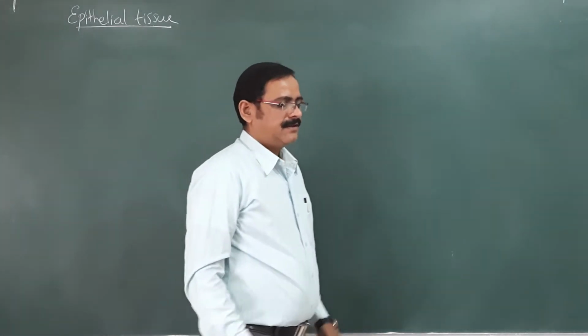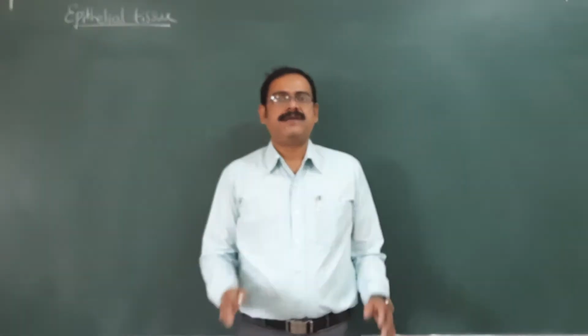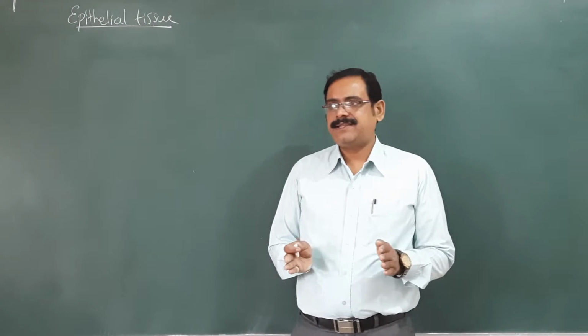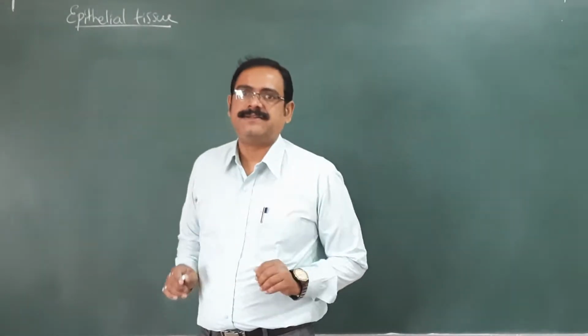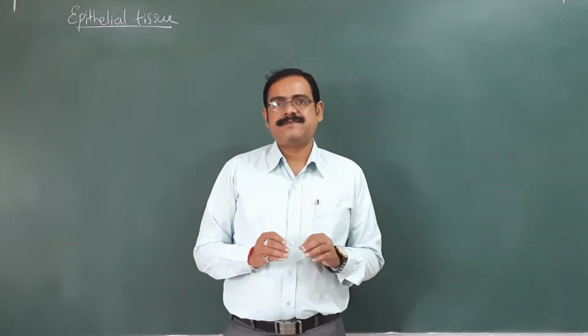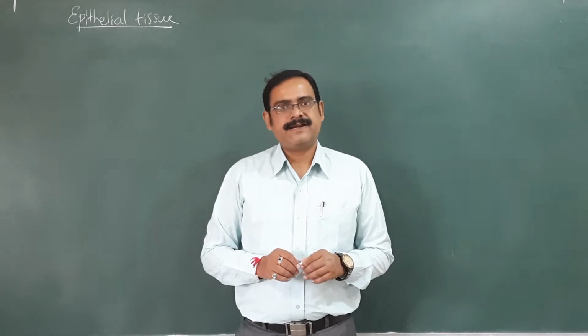Glands are basically of two types, based on how they release their secretion. The glands which release their secretion through a duct are called exocrine glands, and the glands which release their secretion directly into the blood are called endocrine glands.